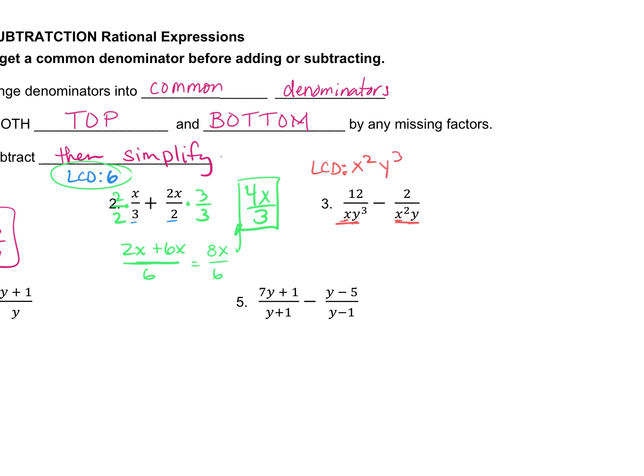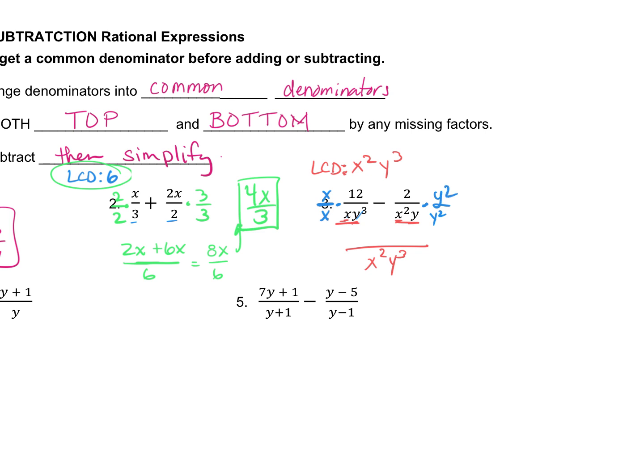Okay, so I'm going to put this as my LCD. Now I'm going to multiply what I need. Here I have the cube and I only have one x, so I have to multiply top and bottom by an x. Here I have a y, and I need y cubed, so I need a y squared times a y squared.